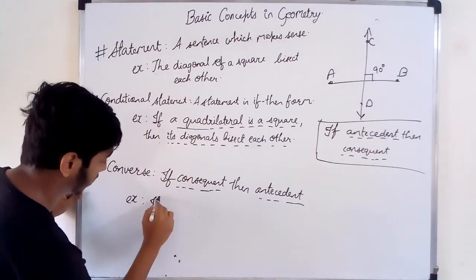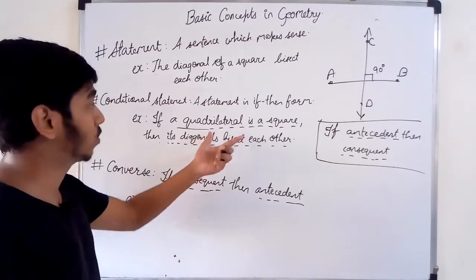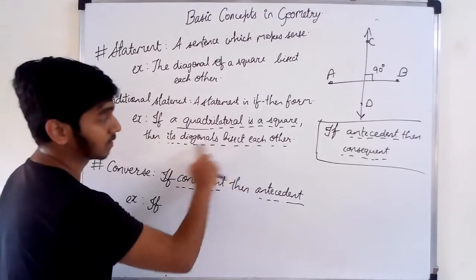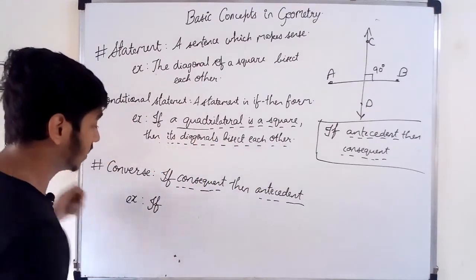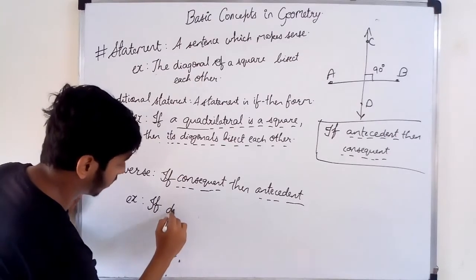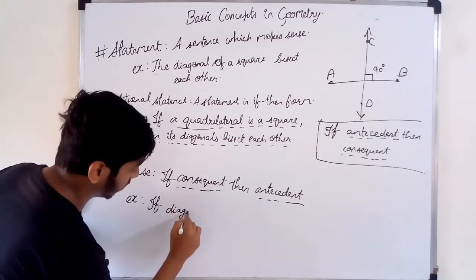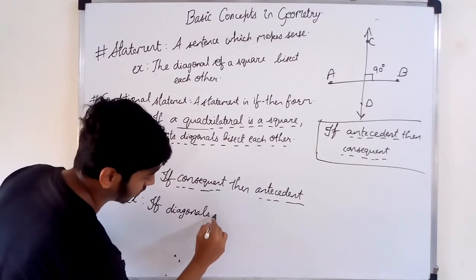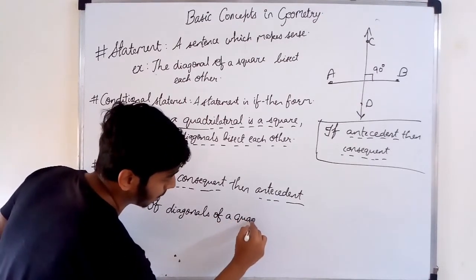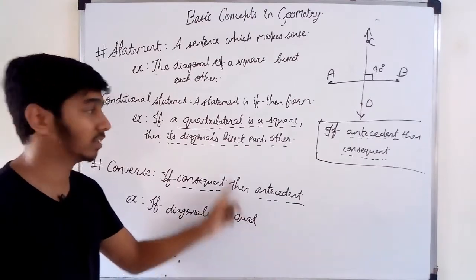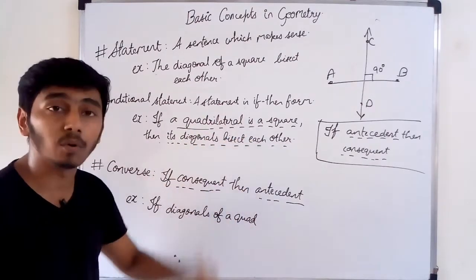So after if, first we need to write the consequent. Which one is this? It's this. Diagonals bisect each other, so we can say if diagonals of a quadrilateral. This quadrilateral will remain intact in both of them.